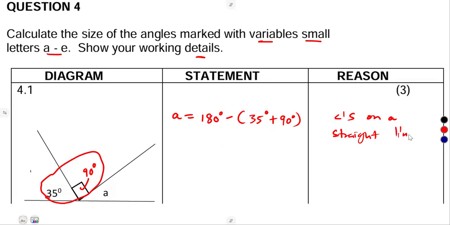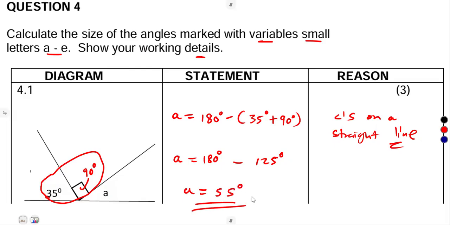They add up to 180 degrees. So a is 180 minus, you add 35 plus 90, which is 125 degrees. From 180 we obtain 55 degrees. So that's our a.